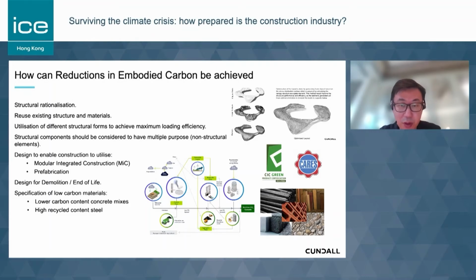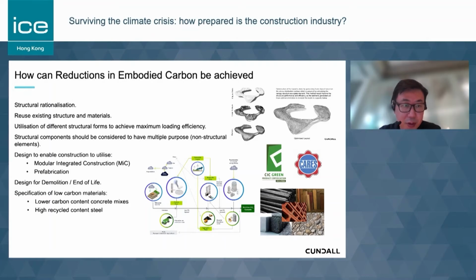All this apparently will echo the phases we presented earlier. In each phase, it will have an influence or impact, small or big. Then we can also specify low carbon materials, so-called green concrete, recycled steel reinforcement, or even timber or some other more low carbon material whenever it's possible, in Hong Kong or elsewhere.